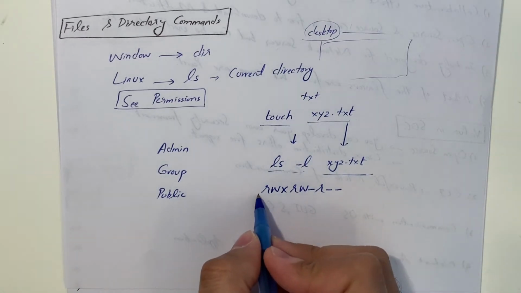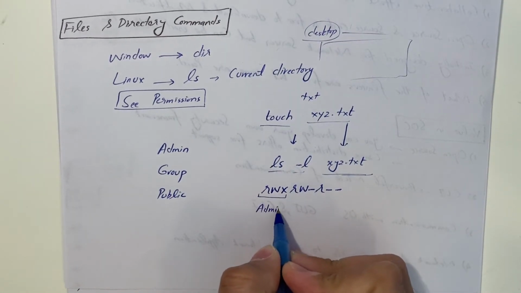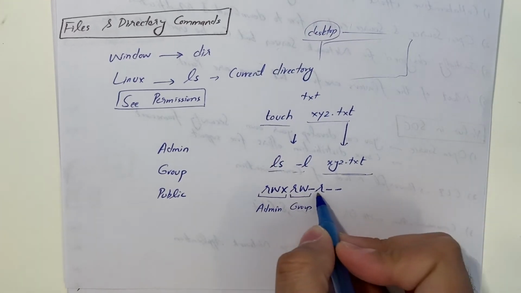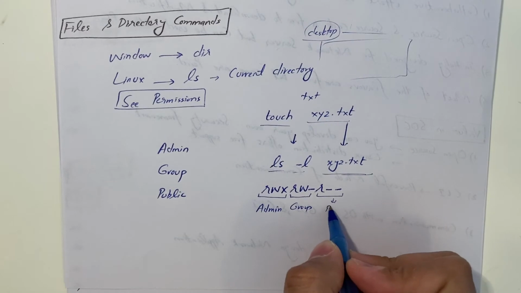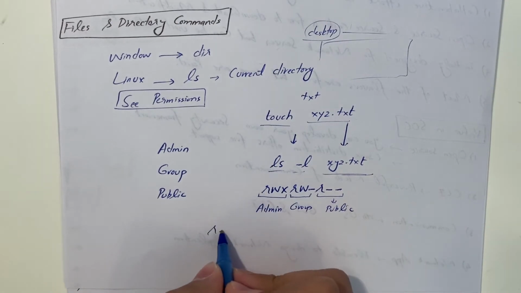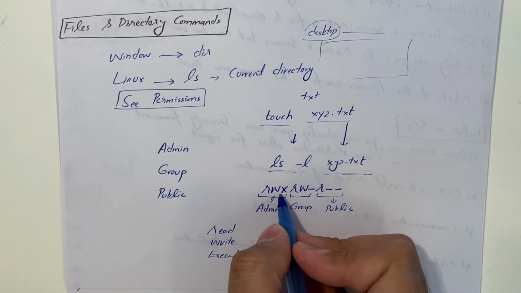The first three symbols are for the admin, the next three are for the group, and the last three are for the public. You can always change and manipulate that. r means read, w is for write, and x is for execute. So it means the admin can read, write or execute this file.